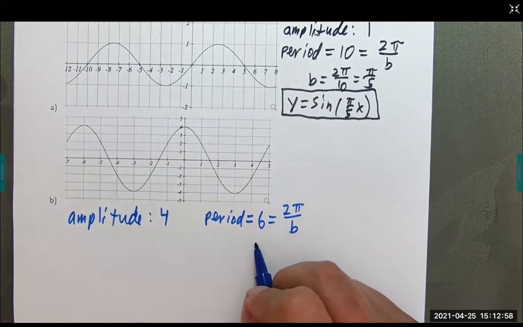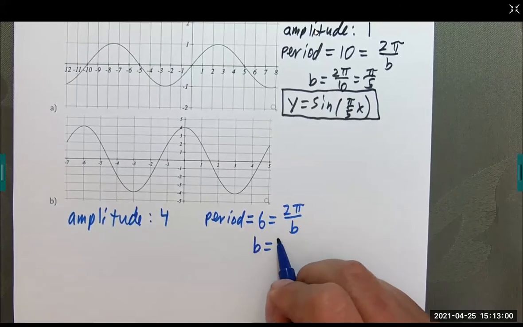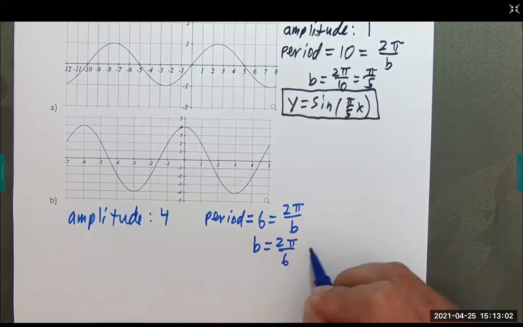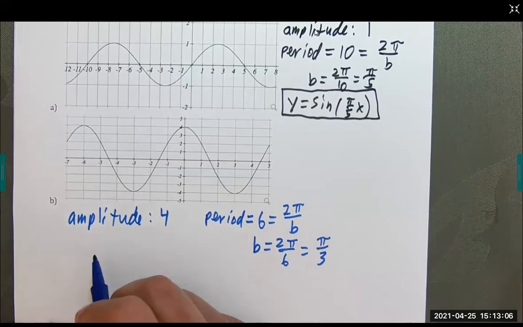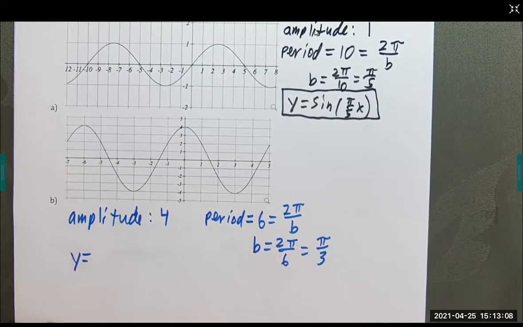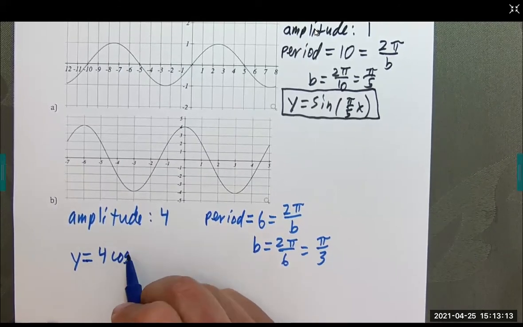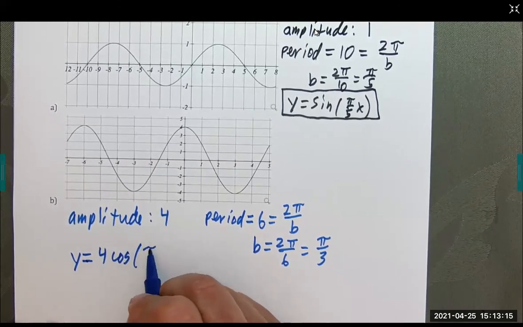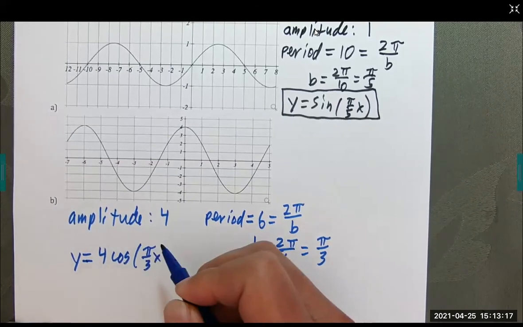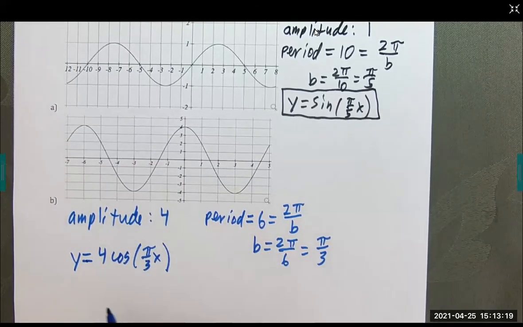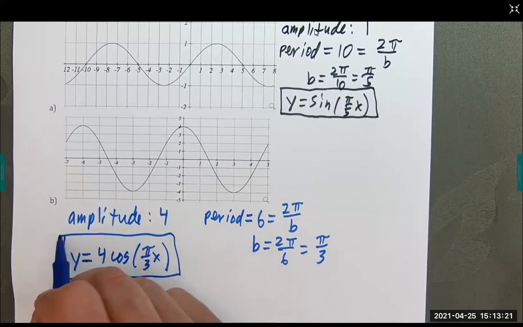Switching that around gives me that b is equal to 2 pi over 6, which is pi over 3. So what does our equation look like? Y equals 4 cosine pi over 3x. And that is how you find the equation.